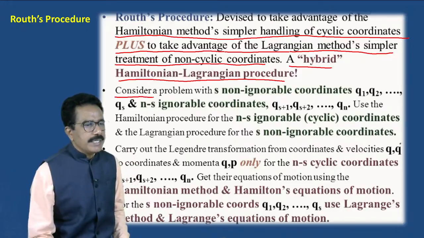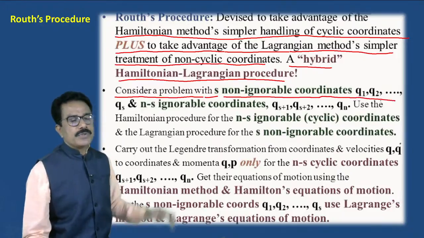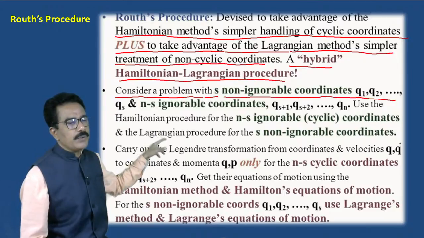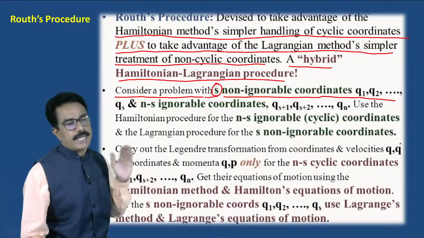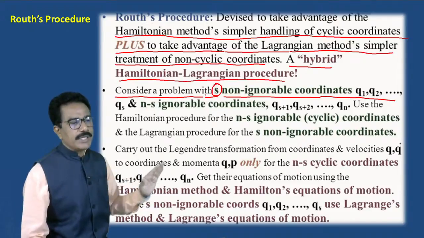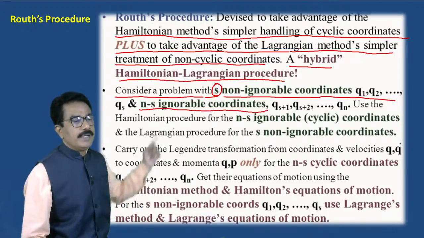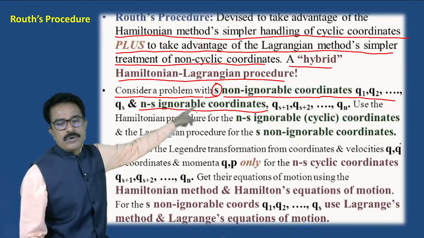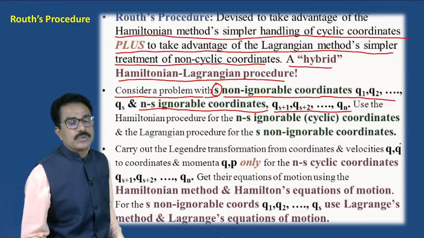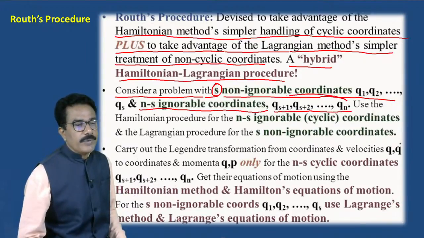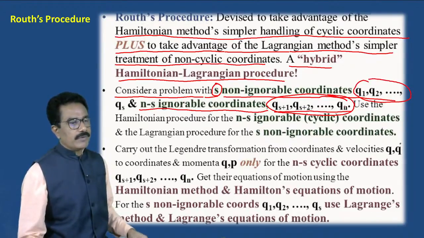See this, consider a problem with non-ignorable coordinates, suppose q1, q2 up to qs. We have considered s number of generalized coordinates which are non-ignorable, and n minus s ignorable. So the n minus s ignorable coordinates are q(s plus 1), q(s plus 2) up to qn. These are the ignorable coordinates, and those are the non-ignorable coordinates.